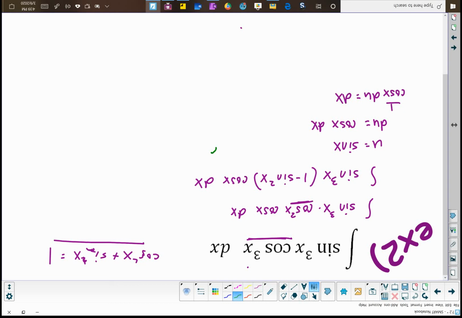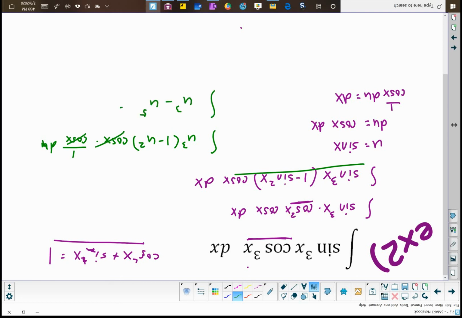Okay, so I have the integral right here. So I have u cubed times 1 minus u squared, times cosine x, times 1 over cosine x du. Cosines reduce. So I'm going to go ahead and distribute that. That's u cubed minus u to the 5th du.